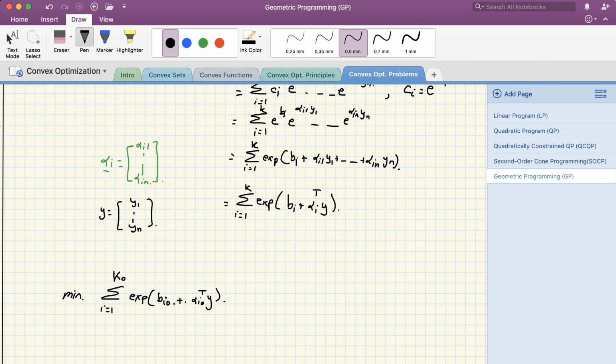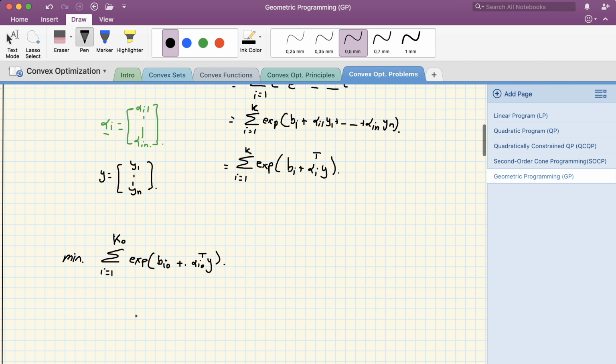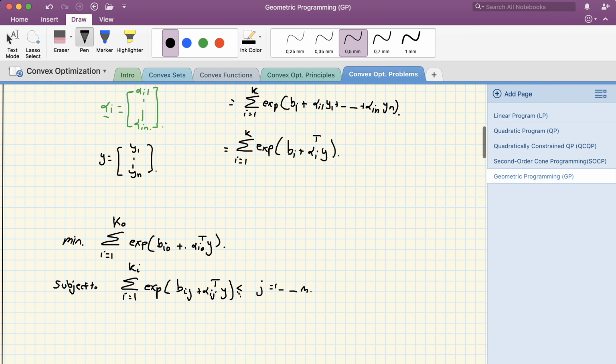The reason I'm putting a 0 is that I don't want those to be the same as the constraints, because they need not be the same values, subject to the sum over i from 1 to k_i, since each constraint has a different order, of exponential of b_ij plus alpha_ij transpose y, less than 1.